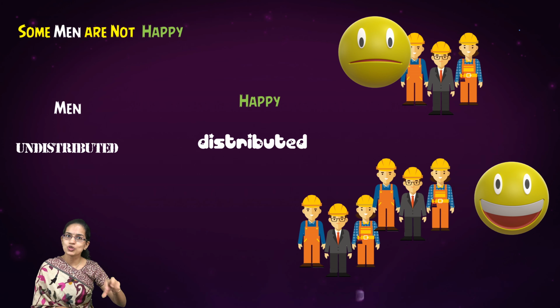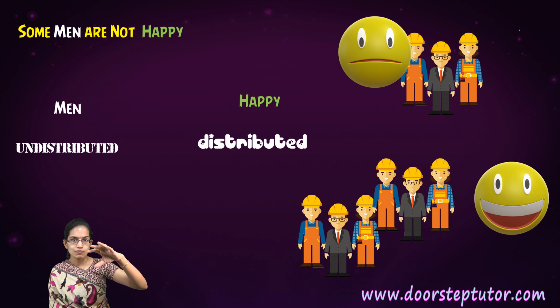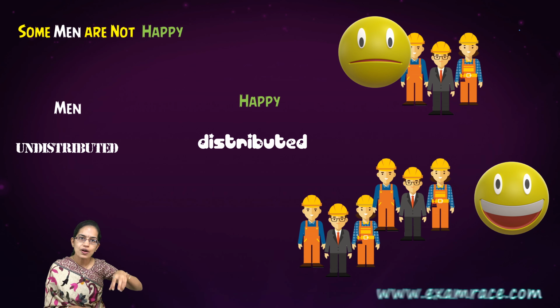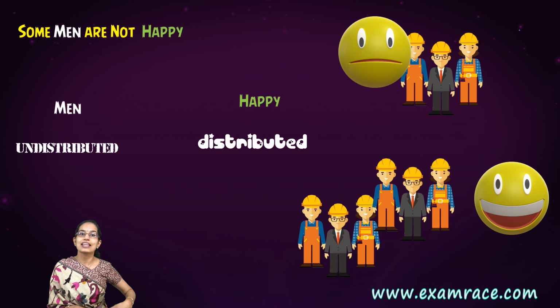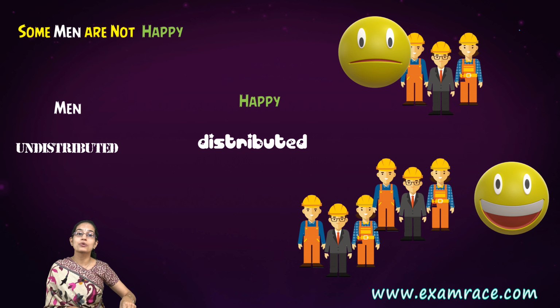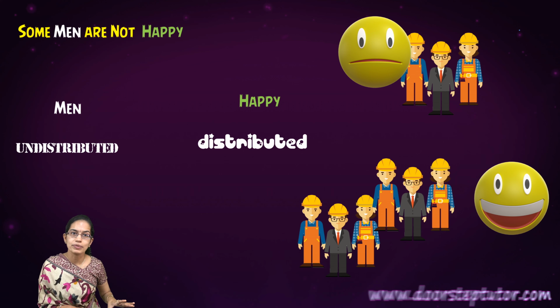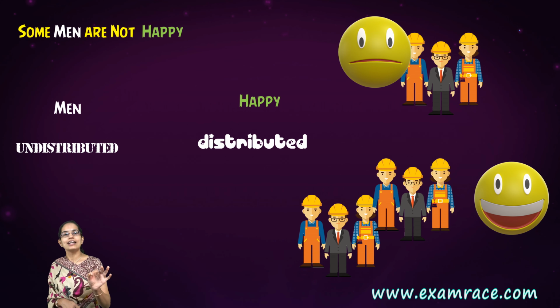But when it comes to happy, since all the unhappy people have gone away, what remains in the category of happy would be happy only, and that means all those in that category are happy, and therefore it is distributed. All of those belonging to that group have a common character, and therefore they are distributed.